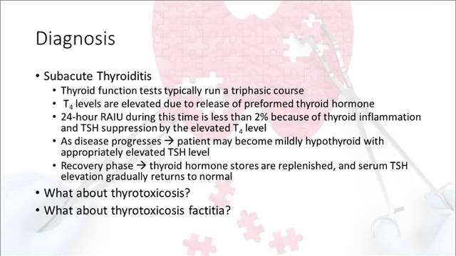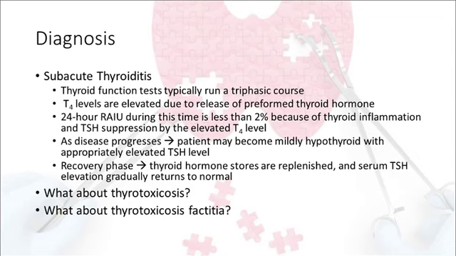As the disease progresses, intrathyroidal hormone stores become depleted and the patient becomes hypothyroid with appropriately elevated TSH levels. During the recovery phase, thyroid hormone stores are replenished and serum TSH levels are elevated gradually, which then return to normal.